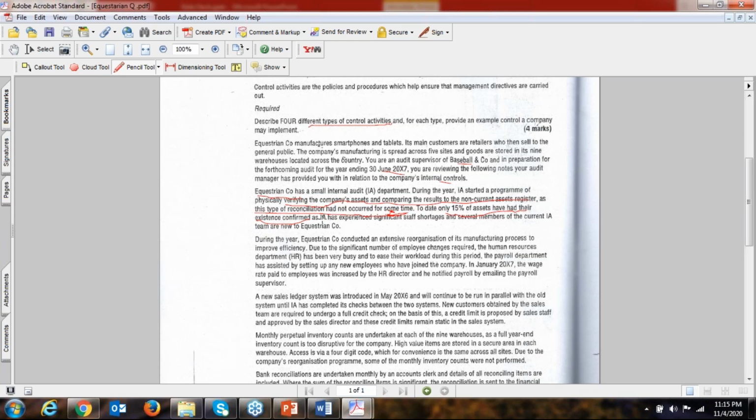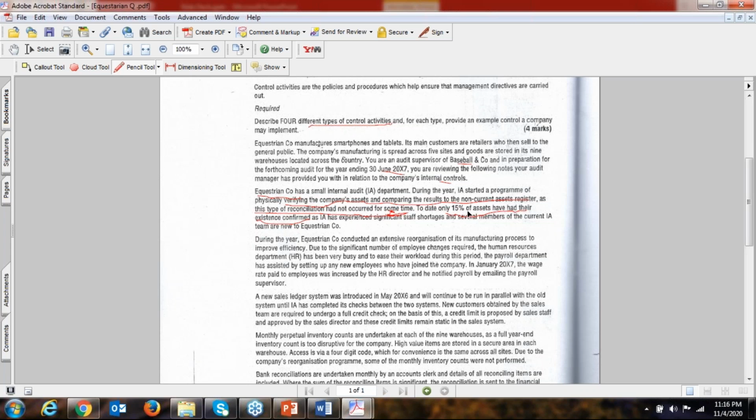So this is the problem. This is the first deficiency in the system. And what is the deficiency? Just copy and paste that the internal audit started a program of physically verifying the company's assets and comparing the results to the non-current asset register, as this type of reconciliation had not occurred for some time.